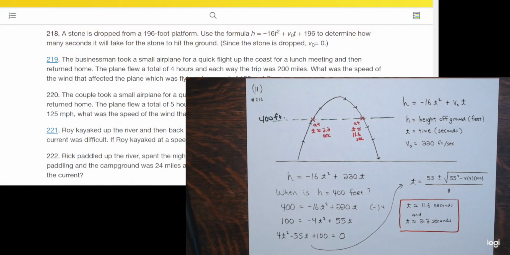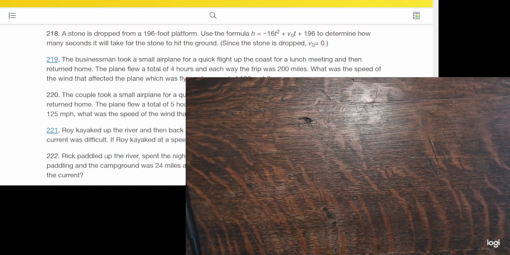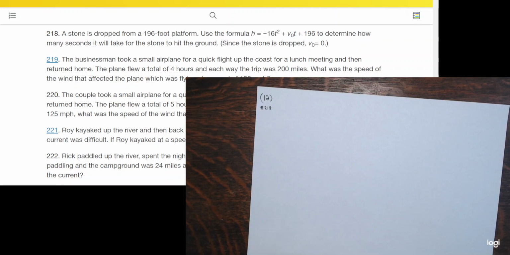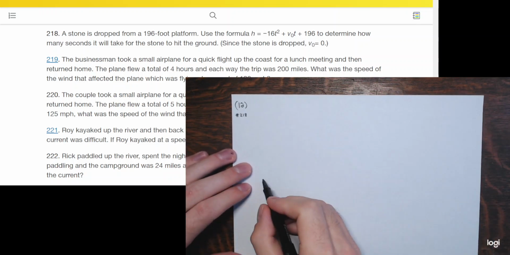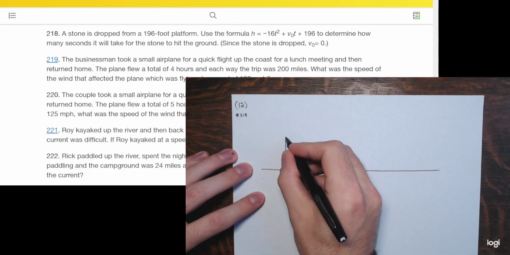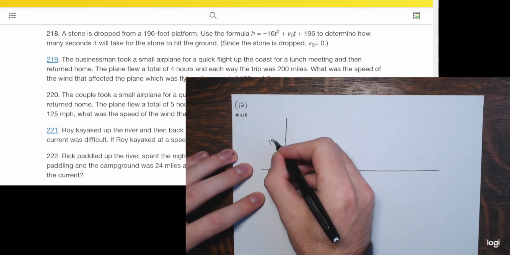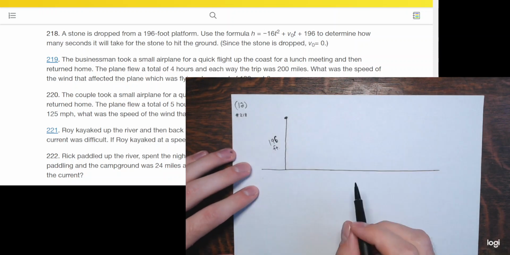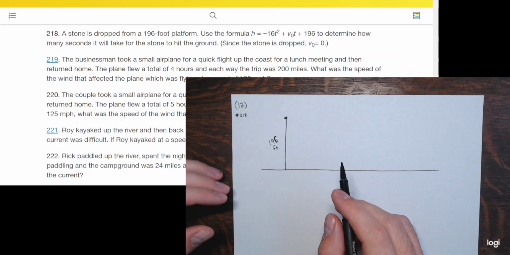All right, so once again, I'll draw a little diagram here for you. Let's say here's the ground. Then there's this 196-foot platform. Oops, 196 feet. And the stone's starting up here, and it's simply dropped, right?